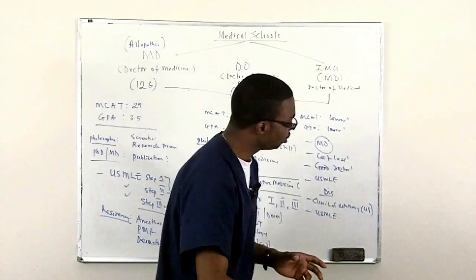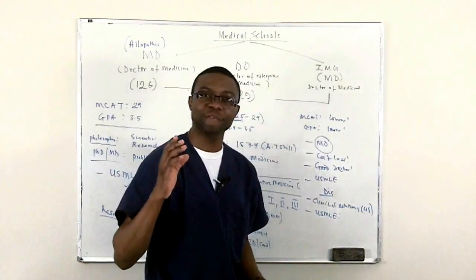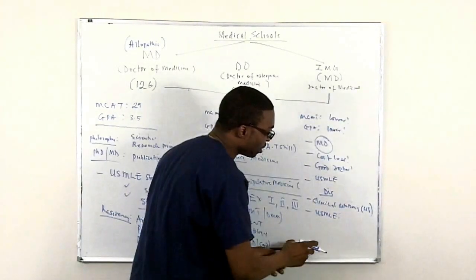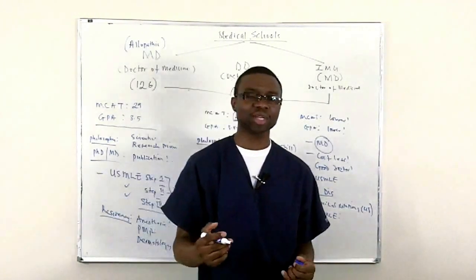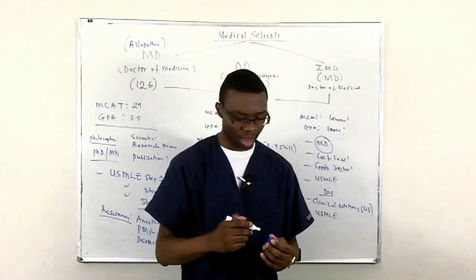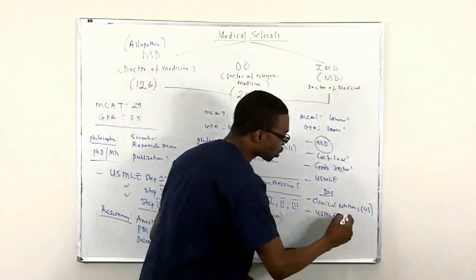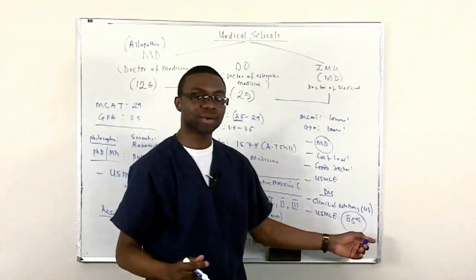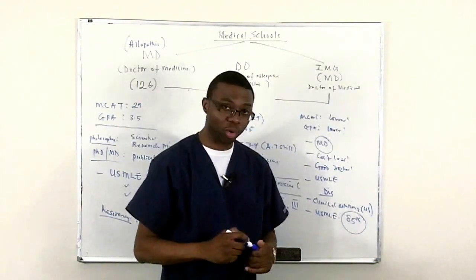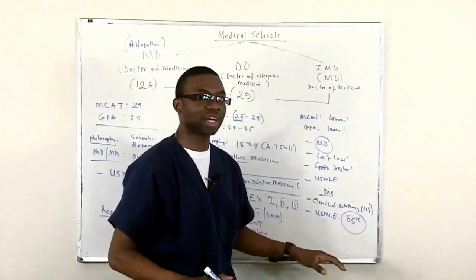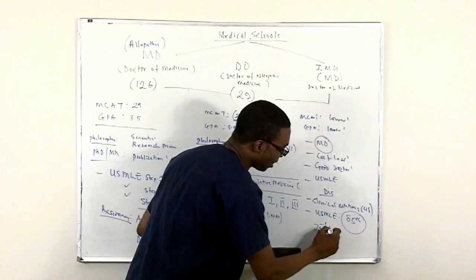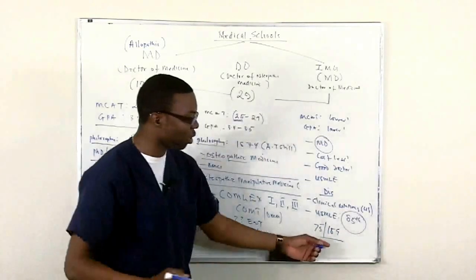And also, your USMLE scores have to be very, very stellar. You have to do really, really well. So let's say you want to do internal medicine in the United States and you're coming from the international medical schools. You have to score at least in the 85th percentile starting, right? You want to score at least an 85 on your boards when you take this exam, because your passing score is 75, and right now it's like 189 is the passing score.